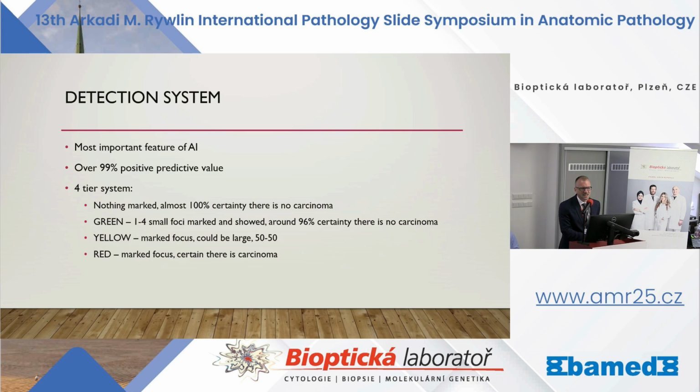In 2 years we didn't get any slide with carcinoma which wasn't marked. Then you get the green tier, which is mostly benign, yellow, which is 50-50, you can decide, and red, where you can be almost certain you have carcinoma. Again, it's not a diagnostic system, it's just a detection system.